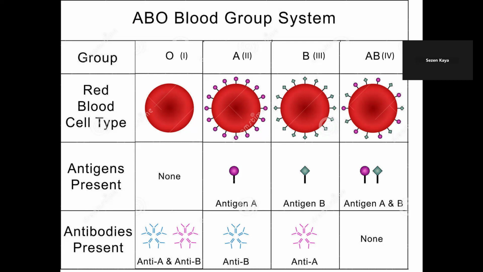But in medical practice, we use only two classifications. First, the ABO classification, and second, the CDE or rhesus factor classification.